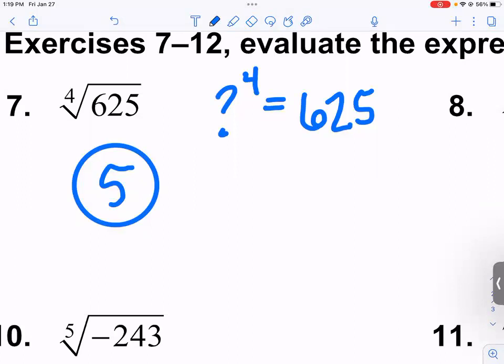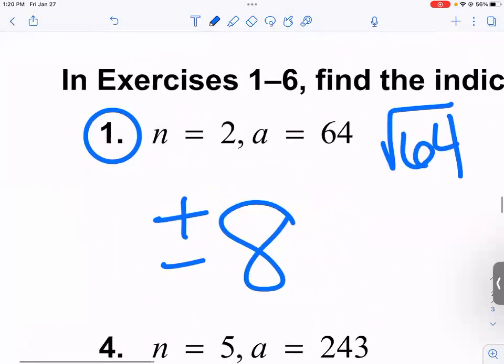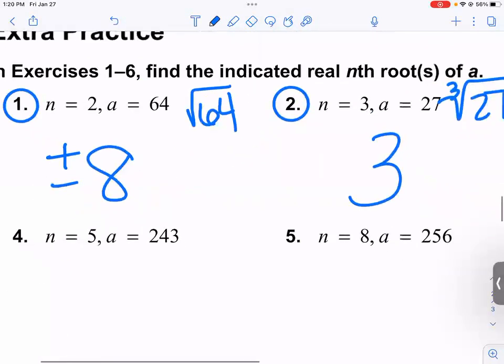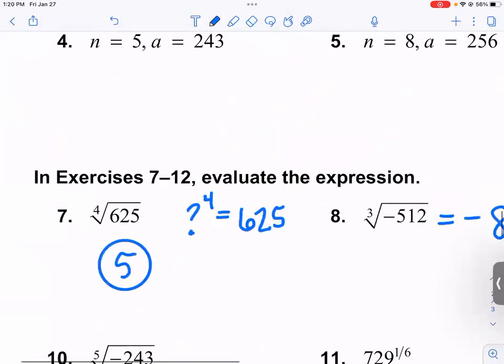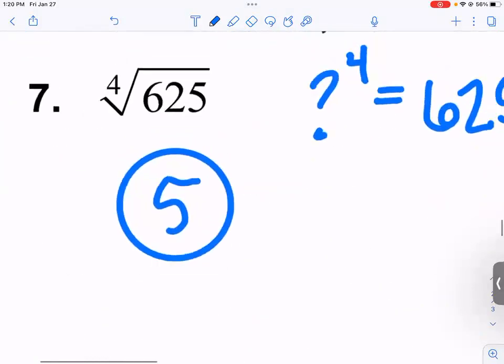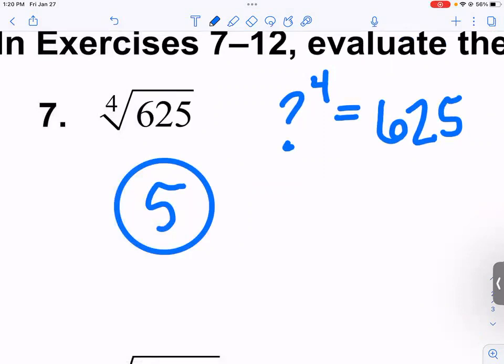Okay. But I'm just asking you to evaluate this fourth root. I didn't say find me the fourth root. I'm telling you, here is a root, simplify it. Here I'm asking you for the nth roots. Here I've already given you one root and I'm asking you to simplify it.